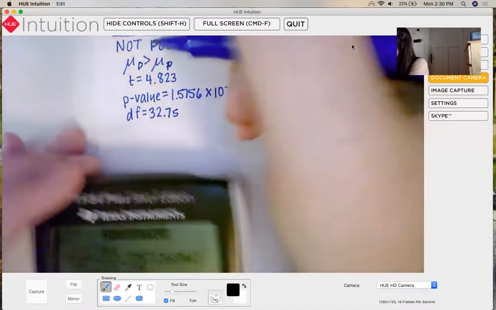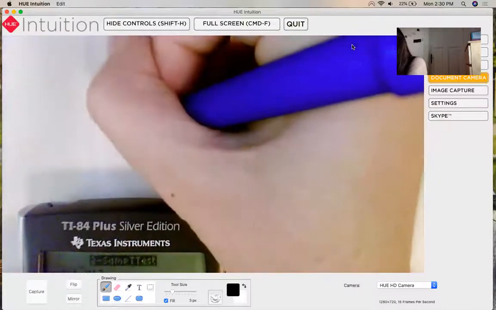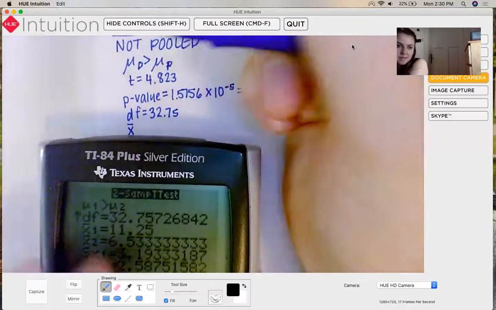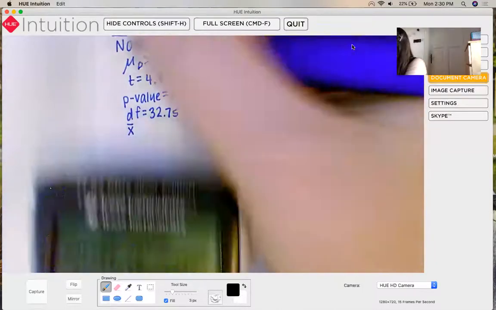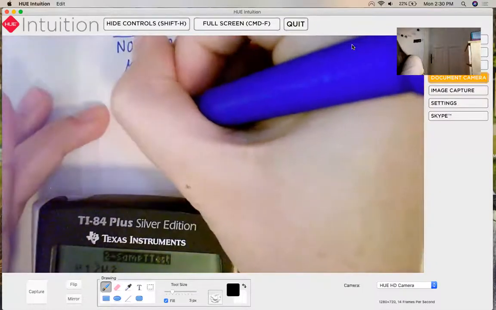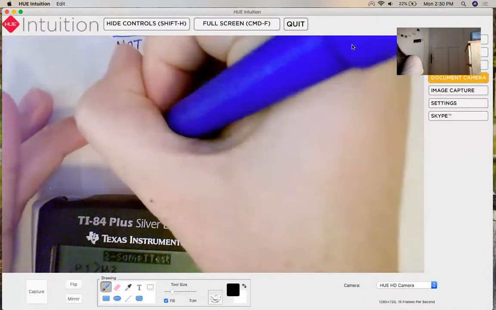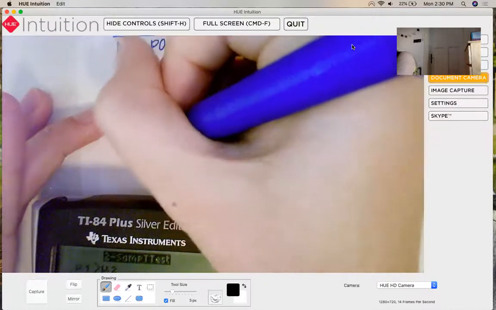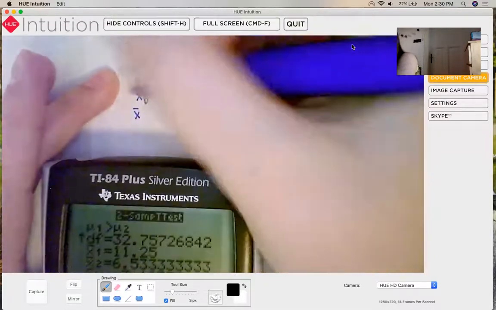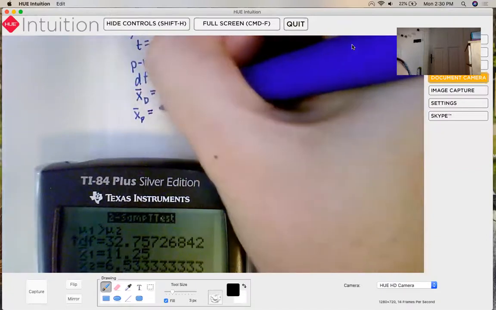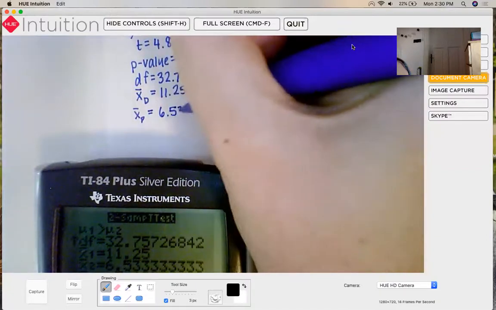Now let's continue copying down all of our statistics that they give us. So mean of 1 is the same as mean of D. So my mean fat content for D is 11.25 grams. My mean for, what's the other one? The other one is P, Papa John's pizza, is going to be 6.53 grams.